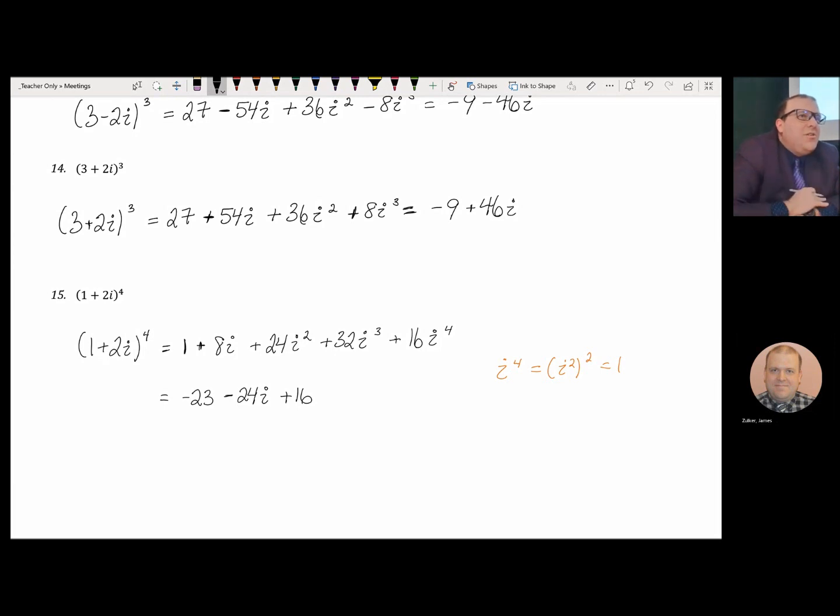Then i to the 9th starts over, back to i. Negative 23 and 16, negative 7. Negative 7 minus 24i.